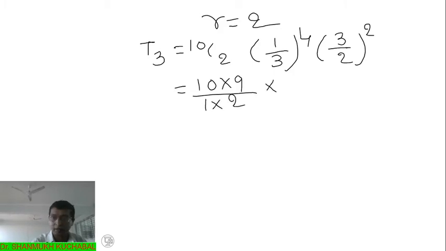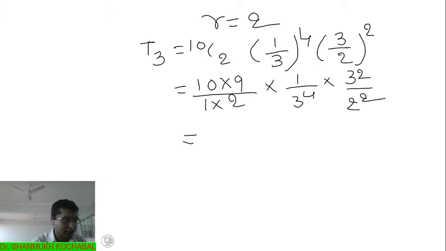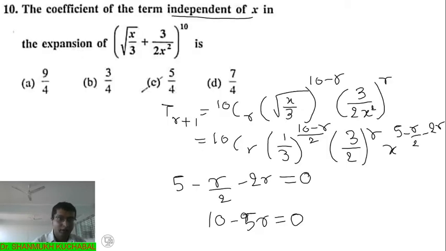Then 1 by 3 raised to 4 and 3 square divided by 2 square. If you simplify this, we get 5 divided by 4, 5 by 4 as the answer. So the right answer is 5 by 4. Option C is a right answer.